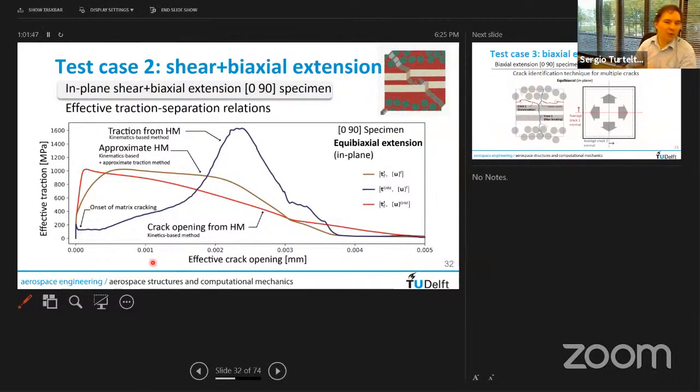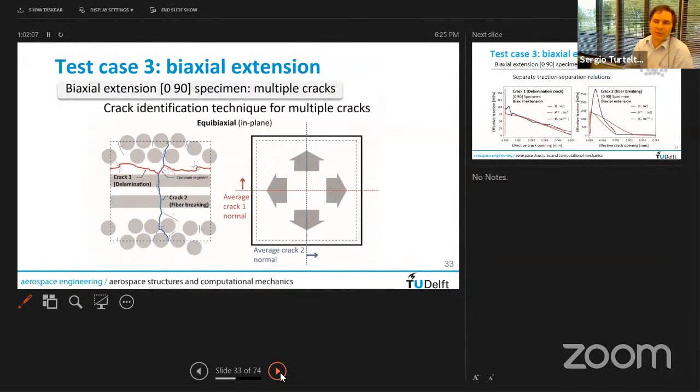It simply ignores that and says it's very small, and the load is increased up to a point where it reaches this one, and then it decreases. And as before, it ends up predicting a much larger effective crack opening than the two other methods.